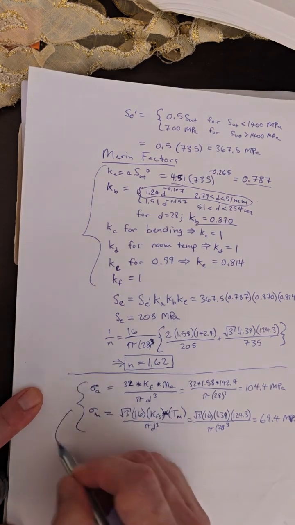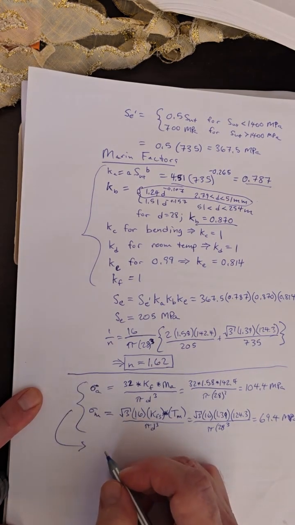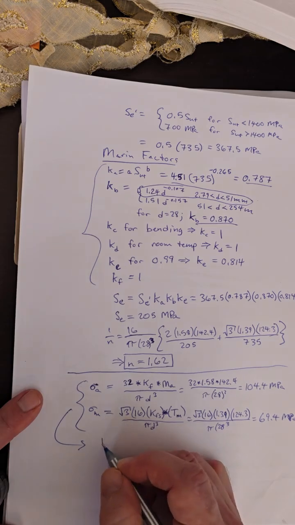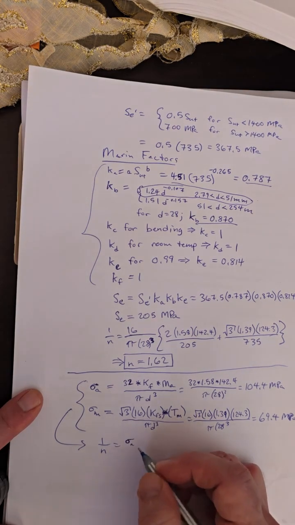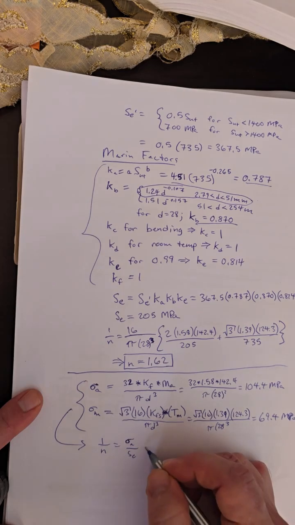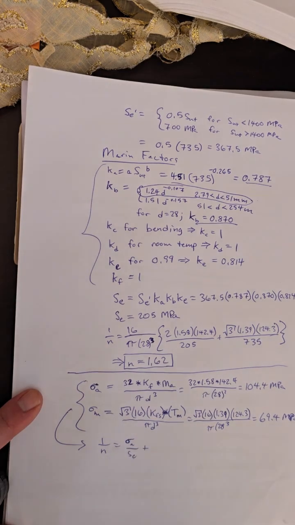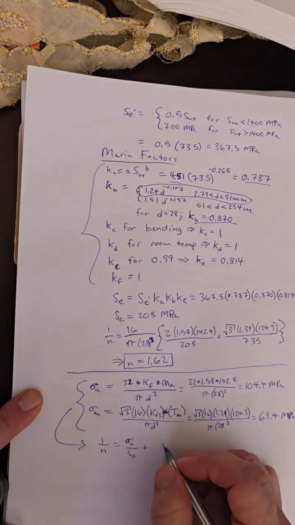Then we can take those two values and plug them into any of the criteria for fatigue failure. The one that we just plugged it into was the Goodman, where 1 over n equals alternating, so that's a straight line. The Goodman is a straight line between the endurance limit and the ultimate tensile strength.